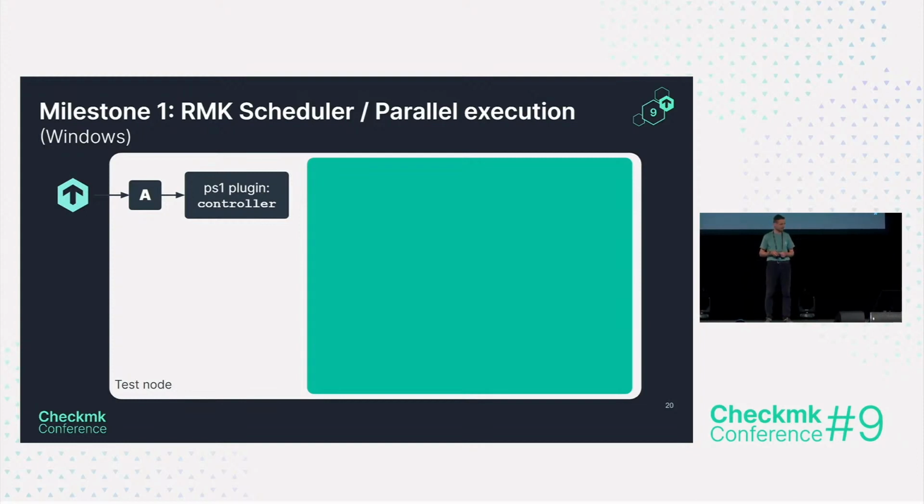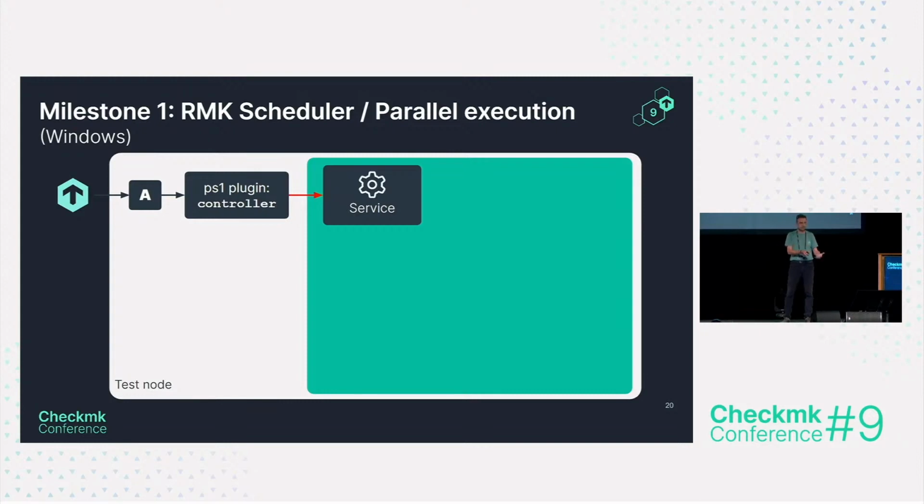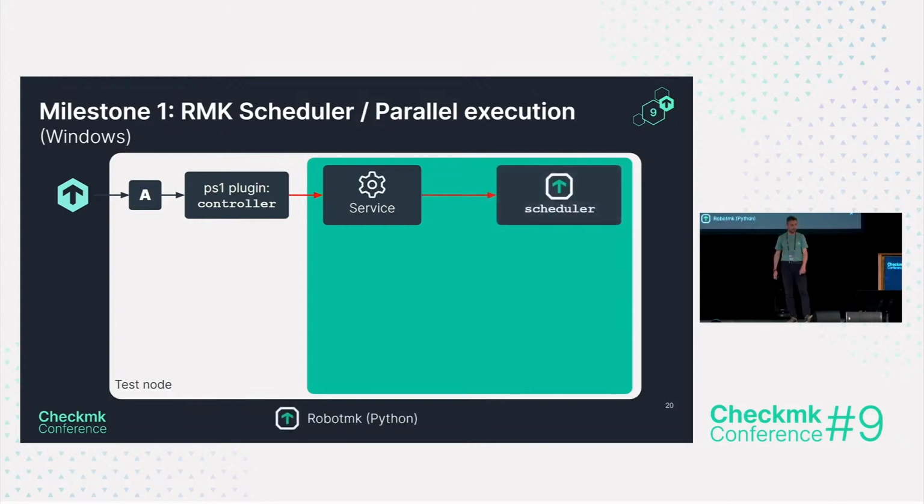First, the scheduler. On a fresh virgin Windows machine, the controller will search for the Robotmk Windows service, won't find it, will install it, and start it. That's all the controller has to do, because it has to return immediately. It's a normal check plugin. The Windows service, in turn, will start Robotmk in scheduler mode.